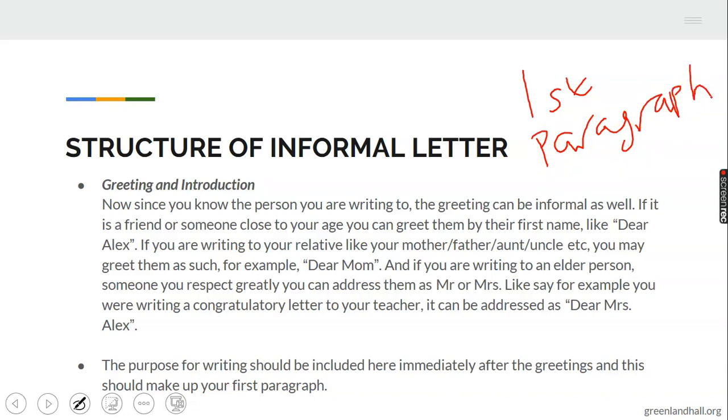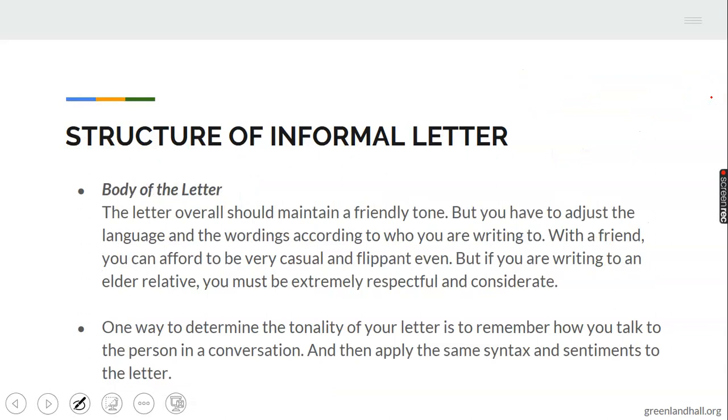You combine both. Then next is the body of the letter. The body should maintain a friendly tone. Mind you, you are writing to somebody you know. The language should be chatty. There should be a flow of expression as if you are talking to the person.